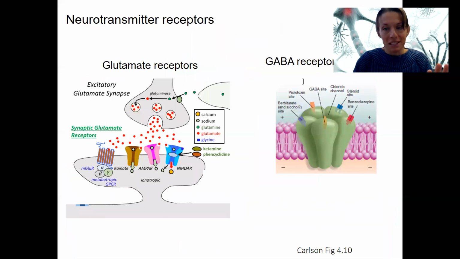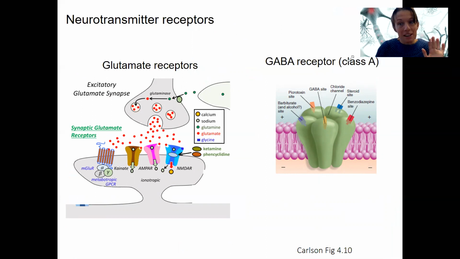So here are some examples of receptors. Don't get overwhelmed by the detail in this. The point here is to give you some idea of the complexity. So here are glutamate receptors, and they're always excitatory, despite the fact that these different names are here. These different names down here, mGluR, kainate, AMPA receptors, NMDA receptors.